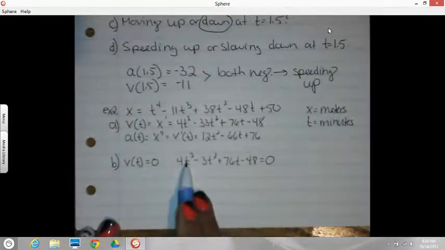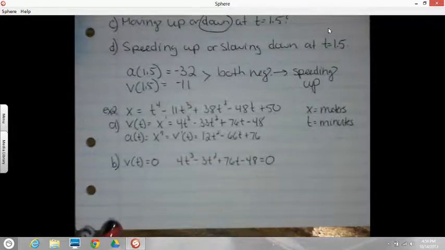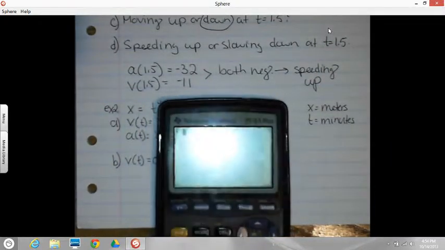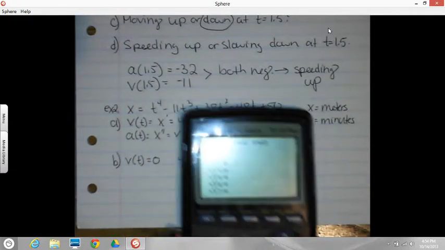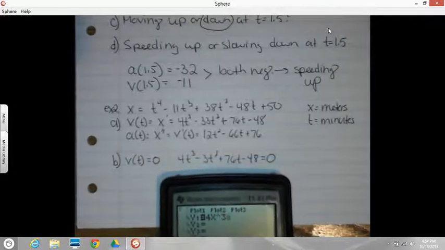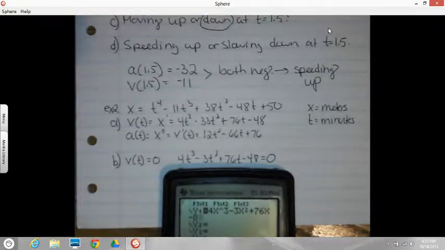Because there's a cubed, a squared, and a first power, you can't solve that algebraically. You have to use the calculator. So you want to put that equation in: 4x cubed minus 33x squared plus 76x minus 48.